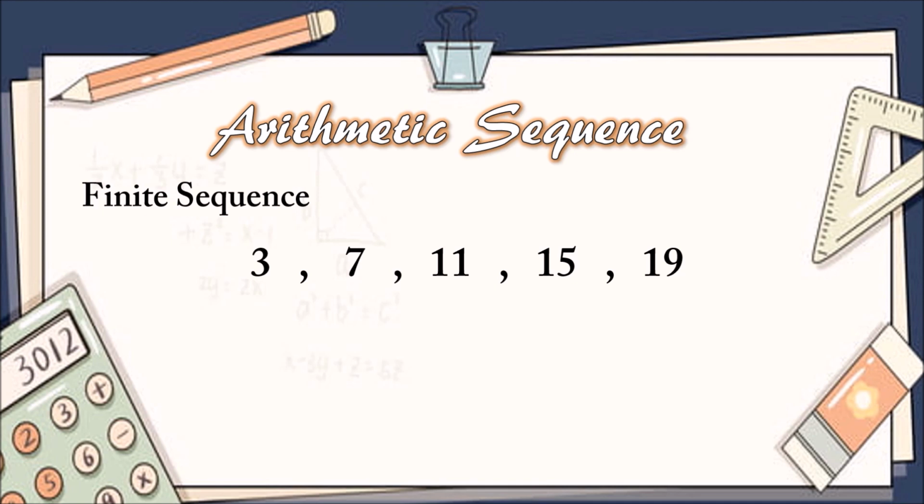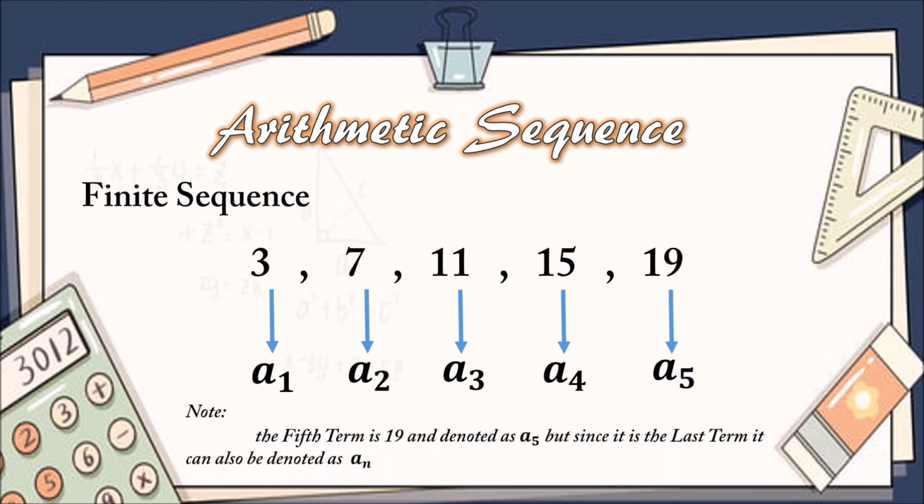The terms are denoted as a sub 1, a sub 2, a sub 3, a sub 4, and a sub 5. Kung makikita nyo, si fifth term na 19 is denoted as a sub 5. But since siya rin ang last term sa ating arithmetic sequence, pwede rin natin siyang i-denote as a sub n.